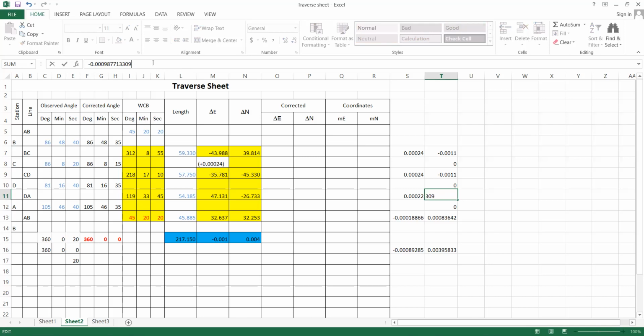And for 5 figures can be 099. I can make it 19. And this one is minus.